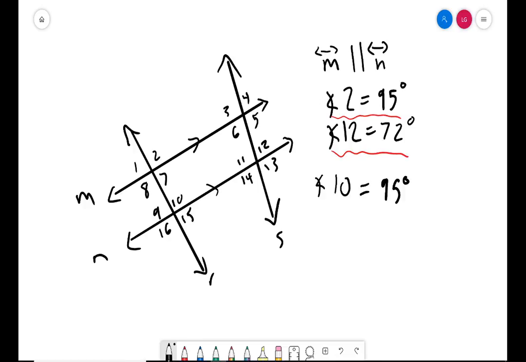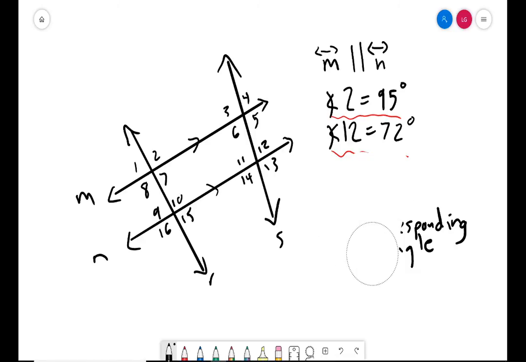Angle 10 and angle 12 look like corresponding angles, kind of in the right position to be, except that lines R and S are not parallel. So it is in fact the case here that angle 2 and angle 10 are corresponding angles. So we know the measure of angle 10.